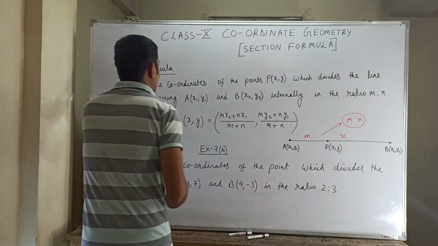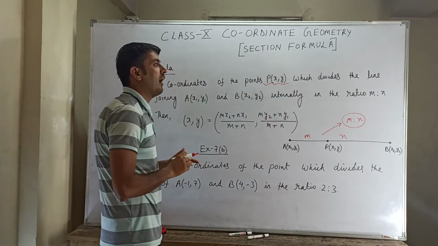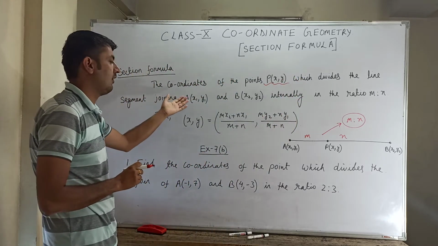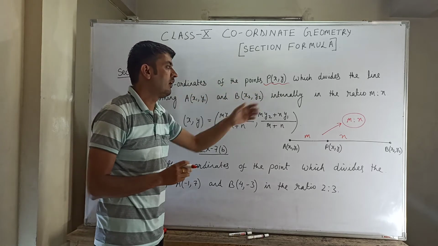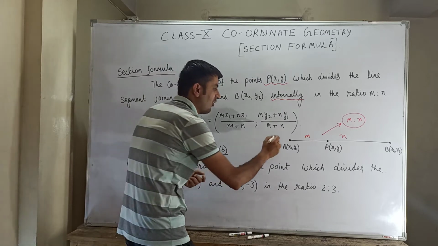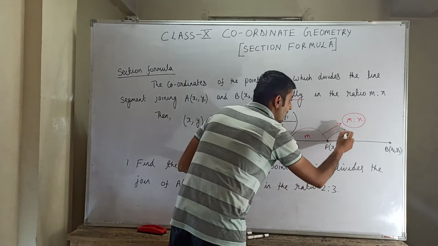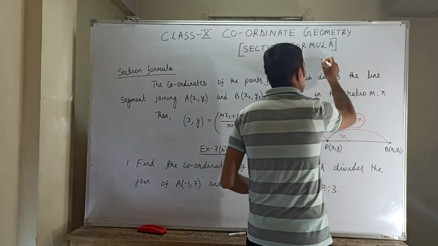What I have written: the coordinate of the point P(x, y) which divides the line segment A(x1, y1) and B(x2, y2) internally. I said the word internally. Internally means this way, m is to n, the ratio. If it is externally, then it will be this way.